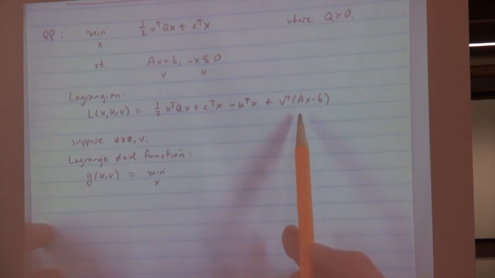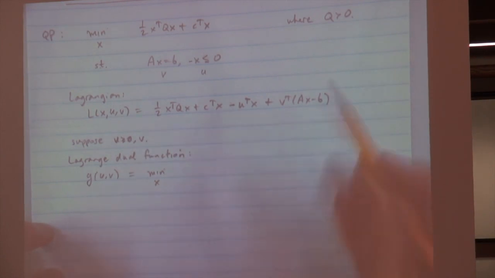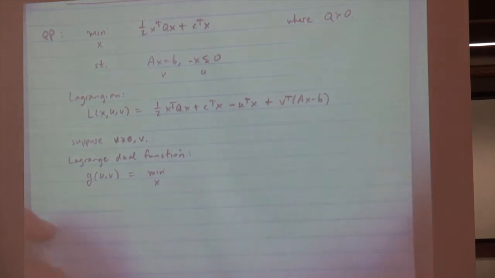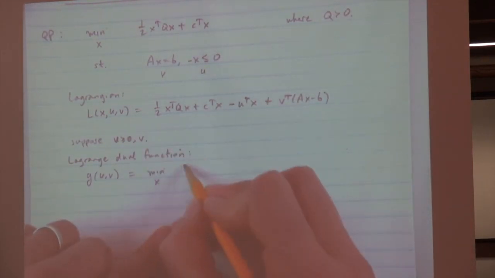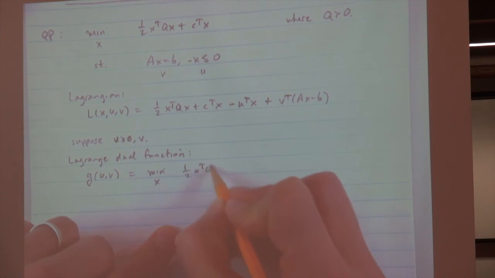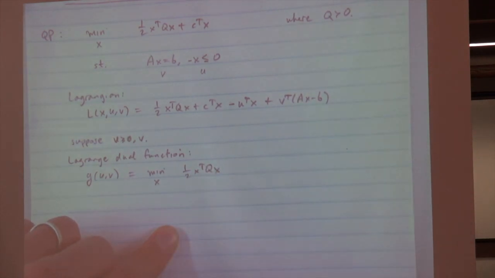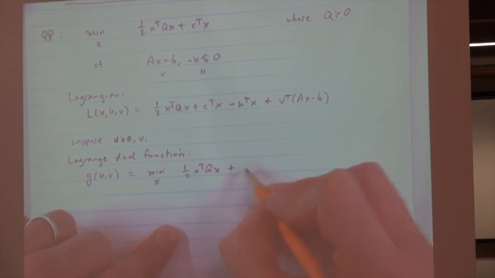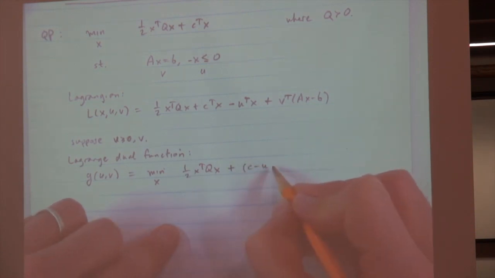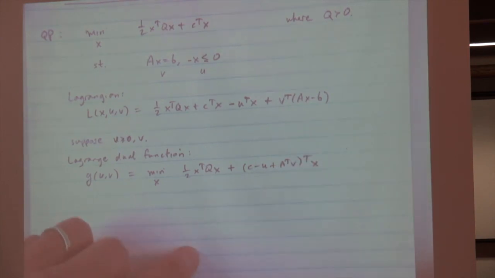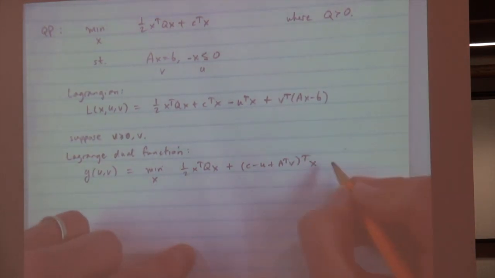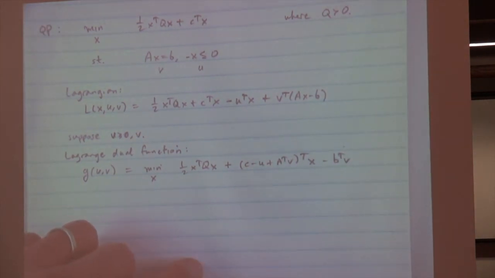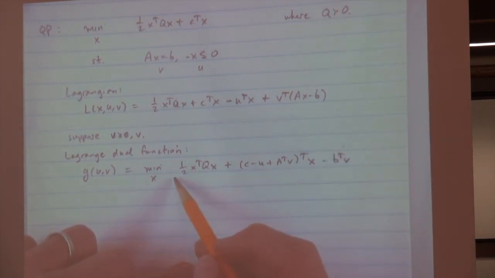If I only look at this as a function of x and think of u and v as fixed for this minimization, it's still a quadratic. So what's the quadratic term? It's still just x transpose Qx. And what does the linear term look like? It looks like (c minus u plus A transpose v) transpose x. And then the only part that's left over is minus b transpose v. Okay? And what's the minimizer, first of all, of this quadratic?